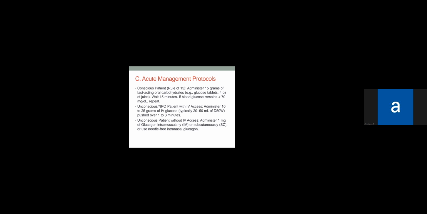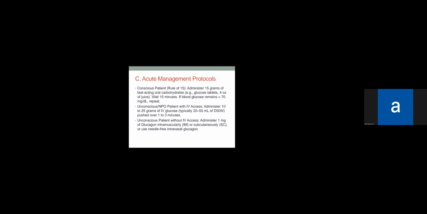Protocol B for the unconscious or incapable patient, which is level 3. If the patient is experiencing a level 3 emergency, with confusion, seizures, coma, where oral intake may cause severe aspiration risk, we will immediately establish vascular access.